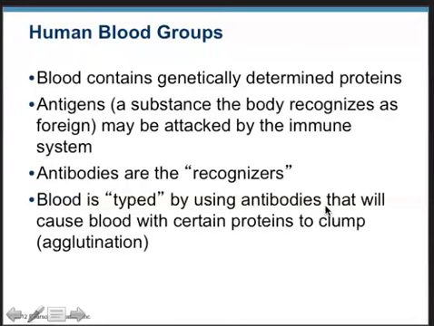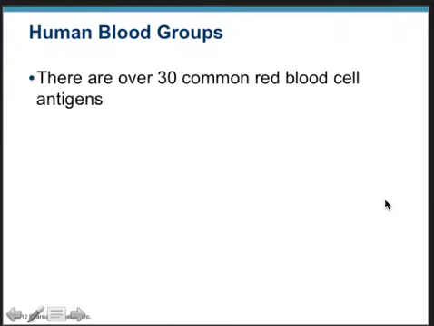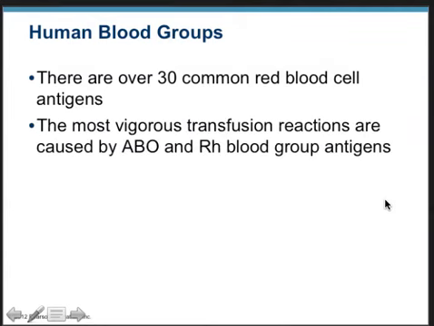Blood is typed using antibodies that will cause blood with certain collections of antigens on their surface to clump in a process called agglutination. There are over 30 common red blood cell antigens. The most vigorous transfusion reactions are the ones that are caused by the ABO and RH blood group antigens.